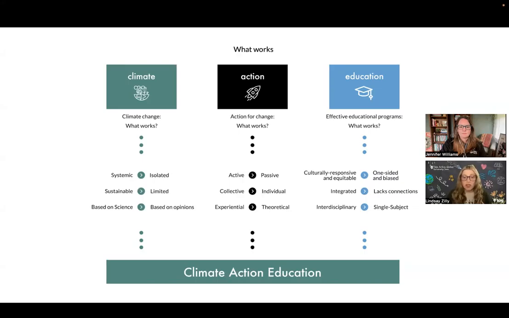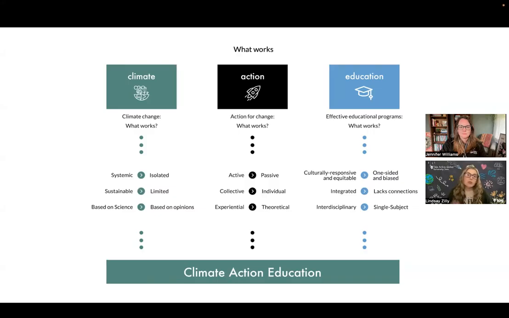We don't want to simply check a box off of a list. We want to have some sort of systemic change and approach. In addition, it has to be sustainable, something that you can continue doing throughout the years and isn't limited to just a one-time thing. Lastly, if you're thinking about climate, it has to be based in science.